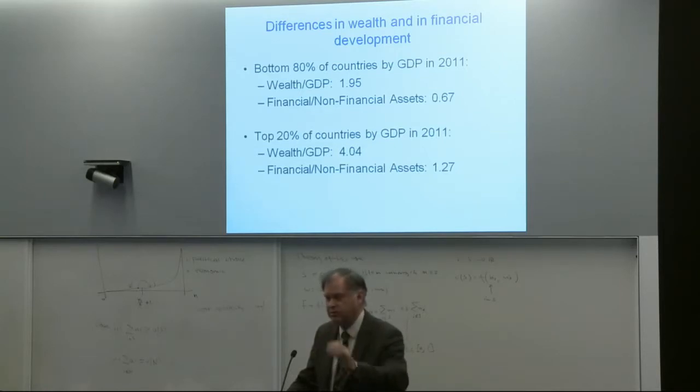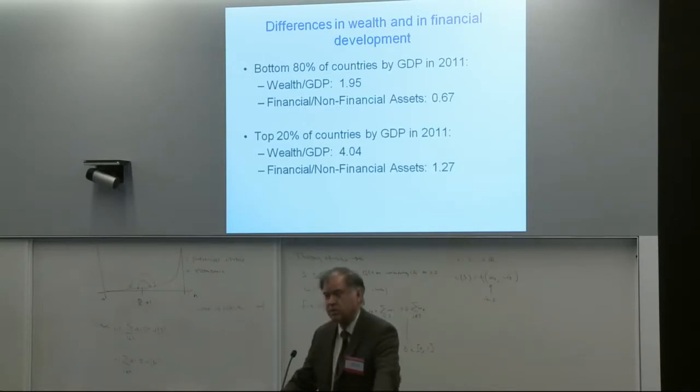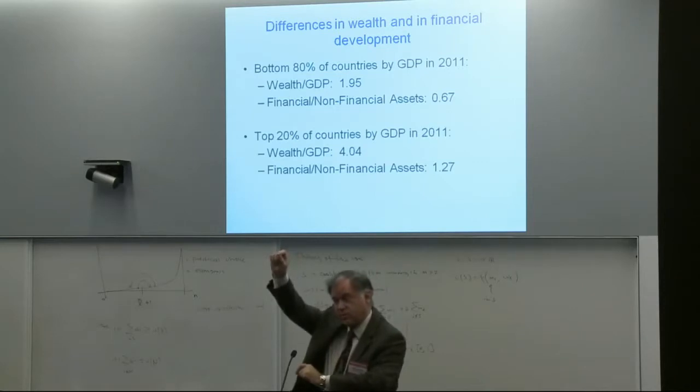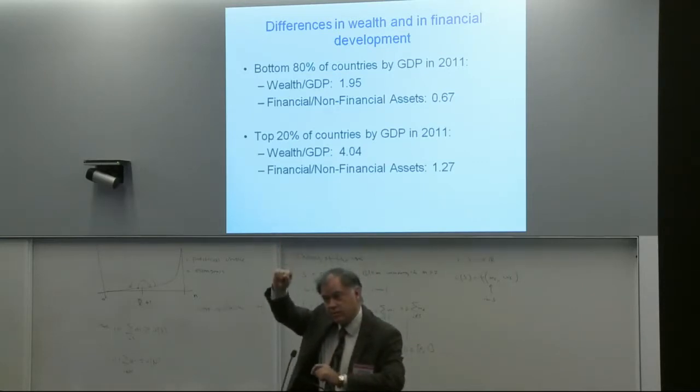You don't get that exactly, but it's close to that. The wealth to GDP ratio for those countries is about 2. For the top 20%, it's 4. That's a big difference. What this is reflecting is that the wealth gaps across countries are considerably larger than the income gaps.